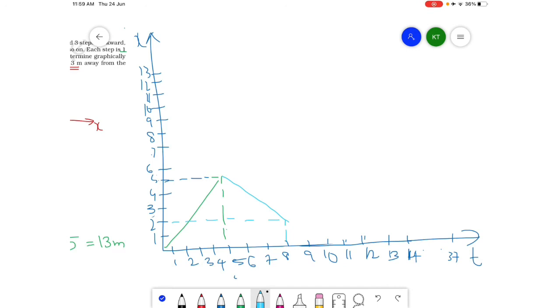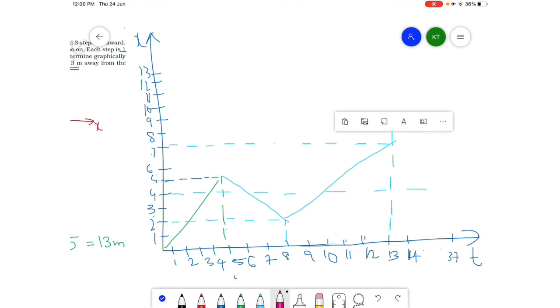He goes 5 seconds more, so he will reach 2 plus 5 meters, that is 7 meters. Then again, he would go 3 steps back.